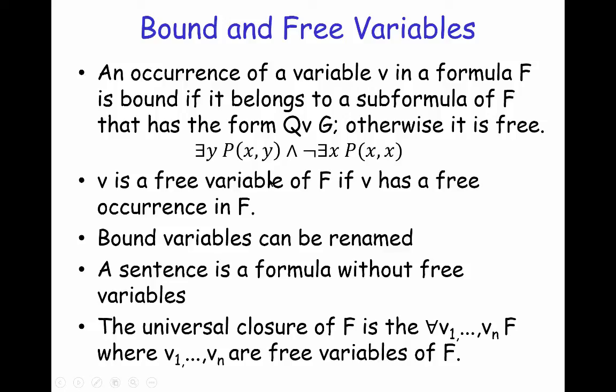Okay, so I hope this is clear. But something that you have to be careful about is the definition. We just defined an occurrence of a variable as bound. We can also say a variable in the formula is free or bound. And the definition works this way: v is a free variable of f if v has a free occurrence in f.